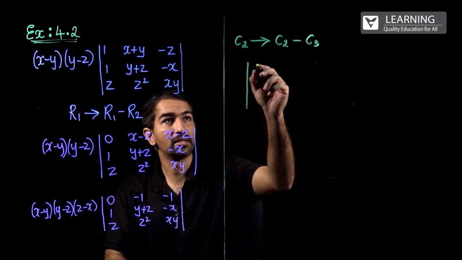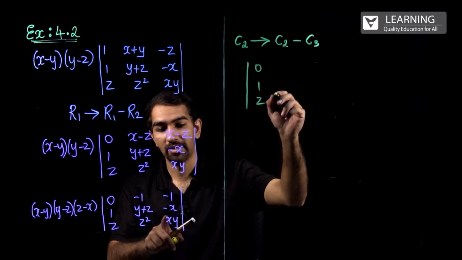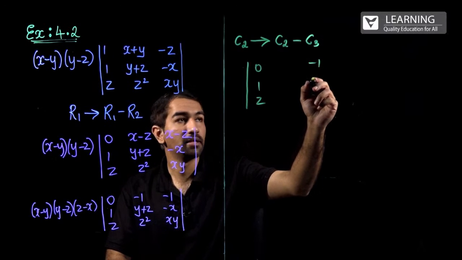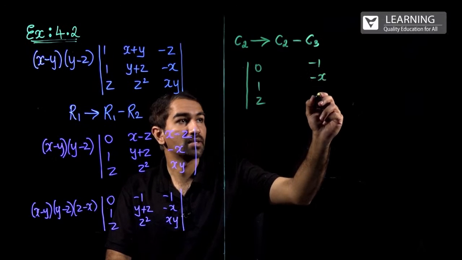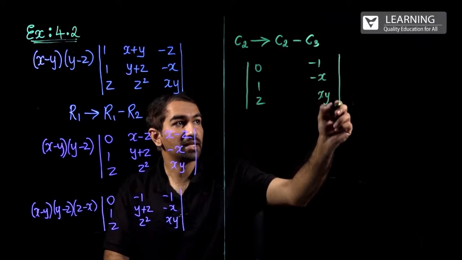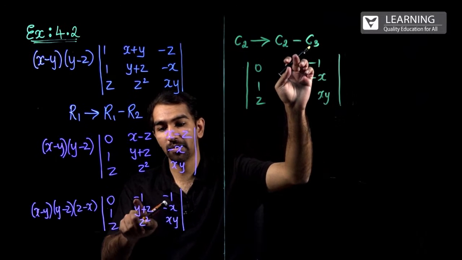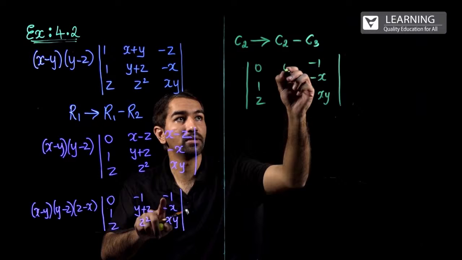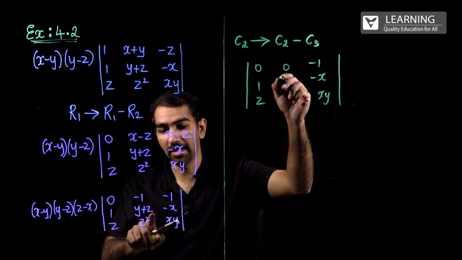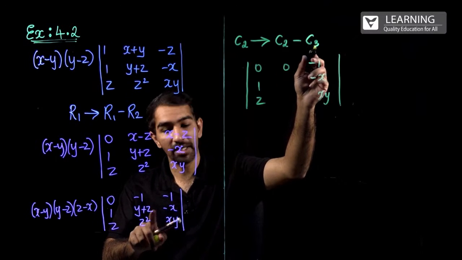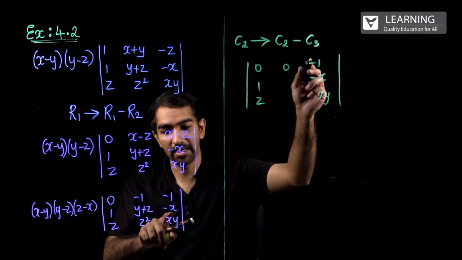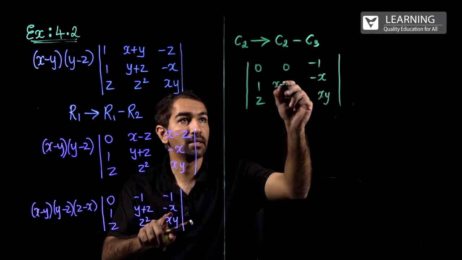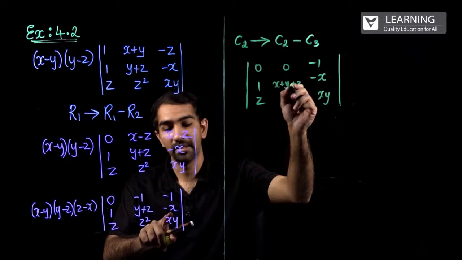So C1 is 0, 1, z, C3 is minus 1, minus x and xy. Now operate C2, C2 minus C3, minus 1, minus of minus 1, 0. y plus z, minus of C3, so that is minus x, so this is becoming x plus y plus z, correct?